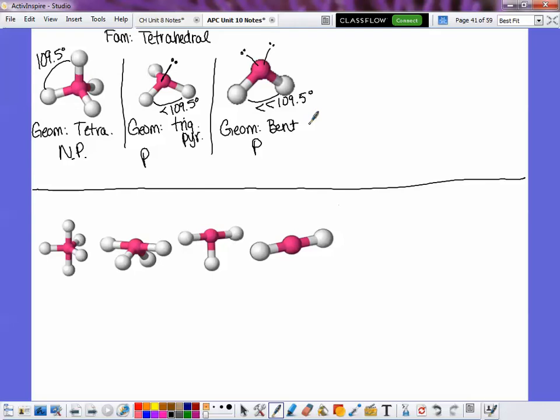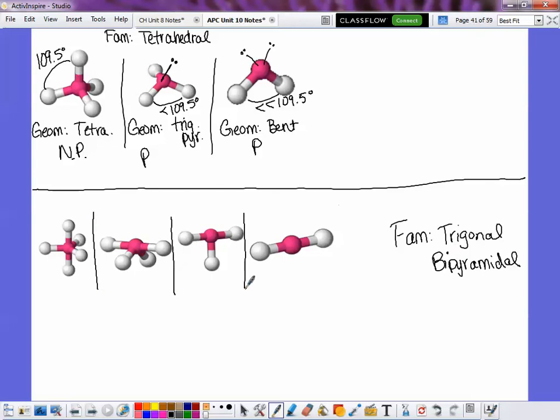All right, all of these, my family is trigonal bipyramidal. So let me try to separate these out as best as possible. And then, so this one is my original with no lone pairs. My bond angle between these two is 90.